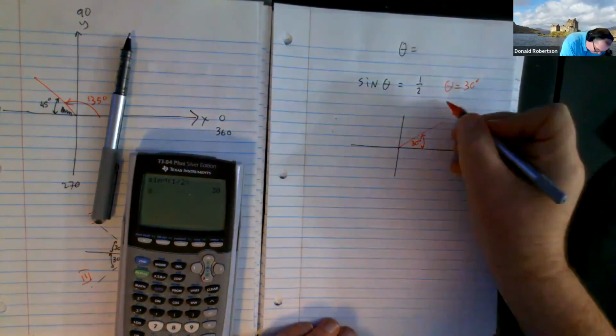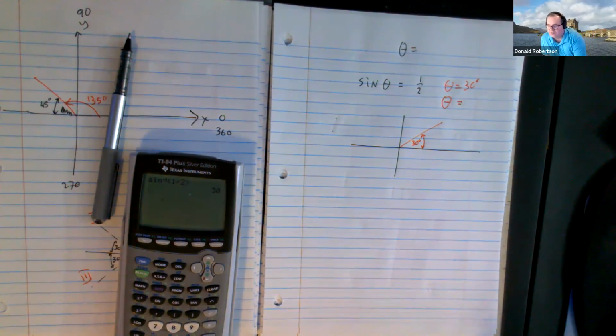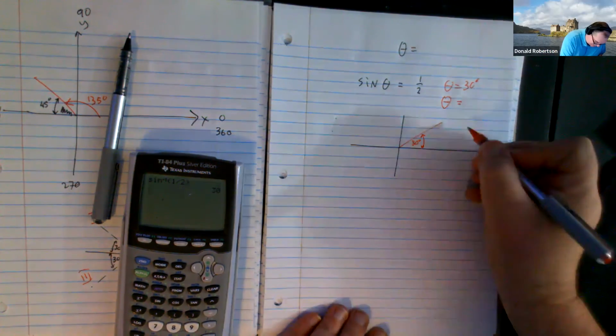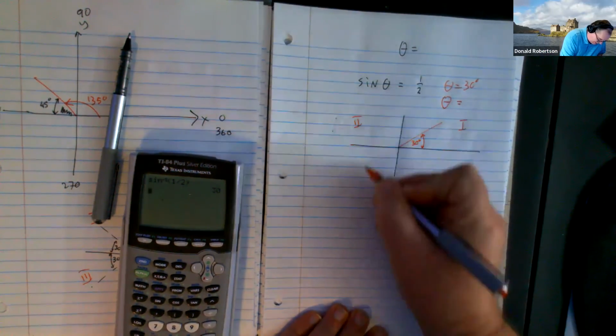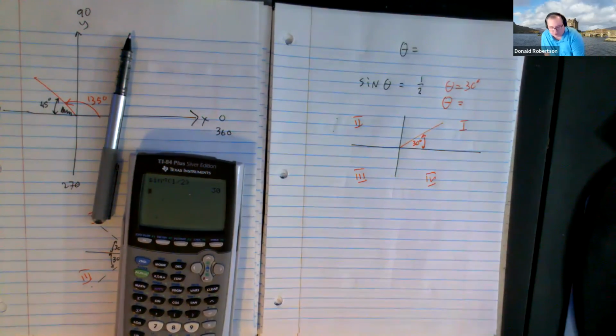But there's typically 2 answers to that puzzle. Remember when we did the triangle and we said, look, one of them's 30, but they had the other one, remember the complement angle? Complement angle is just another example of a reference angle. Which quadrant is the other place where a sine is a positive thing? Which quadrants?